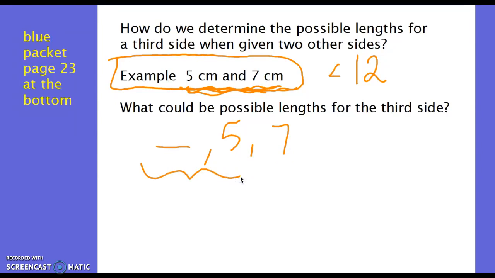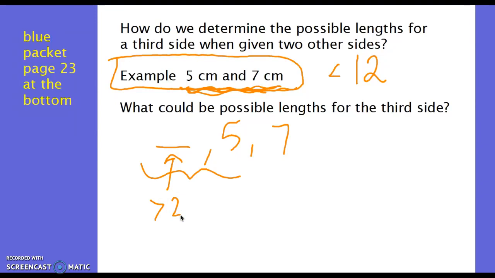So think about numbers that you could put in right here, that when you add them up, would be greater than 7. Well, it could be 3, it could be 4. Could it be 2? Is 2 plus 5 greater than 7? No. So it has to be something bigger than 2 that you would put into this spot right here.